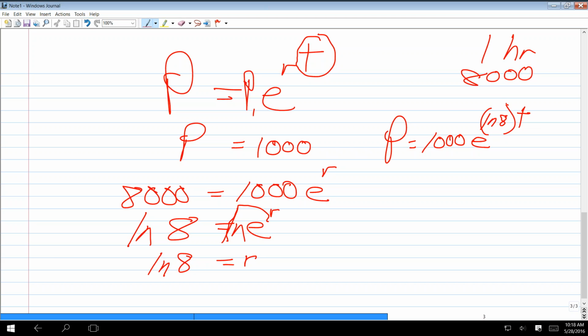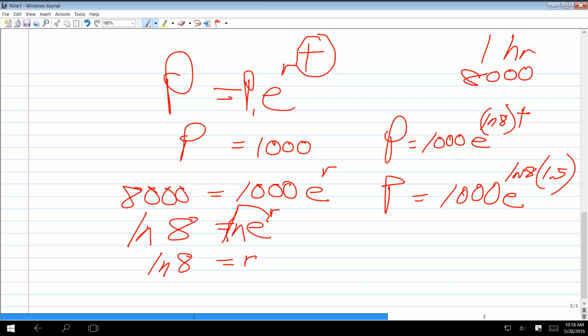Okay. So now we substitute 1.5 for t. So 1,000 e to the ln of 8 times 1.5. So I'm going to do that on my calculator. Your TI-84? Okay, make sure you get it in right. In other words, I can see that this might be a little tricky. 1,000 times e, and use the letter e.